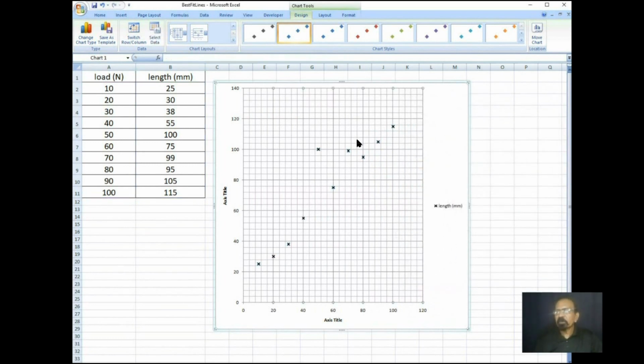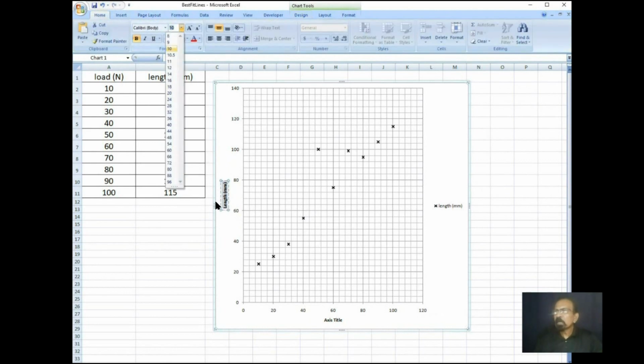We have our graph. You can change the title of the axis. This here would be length, in millimeters. Make it a little bigger.